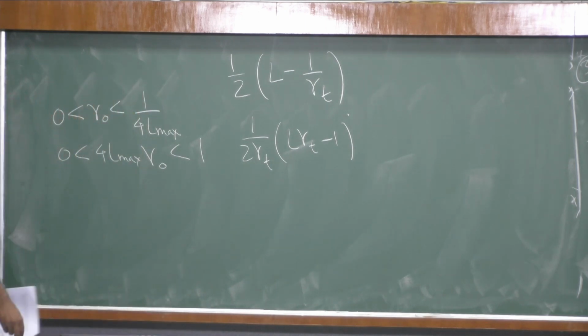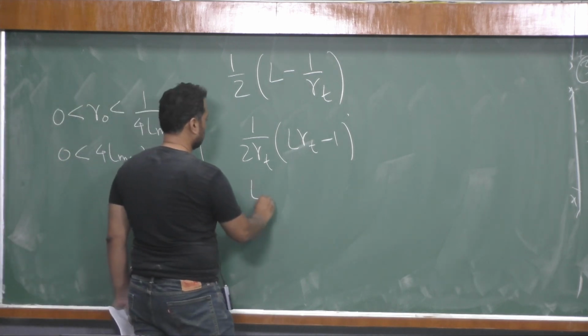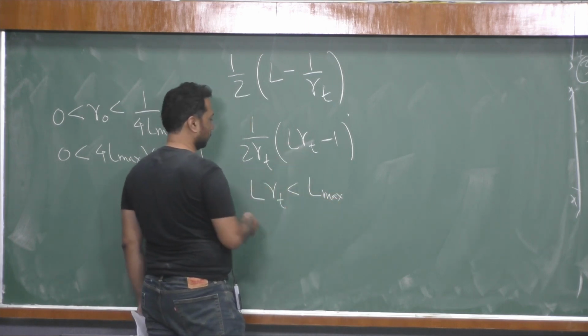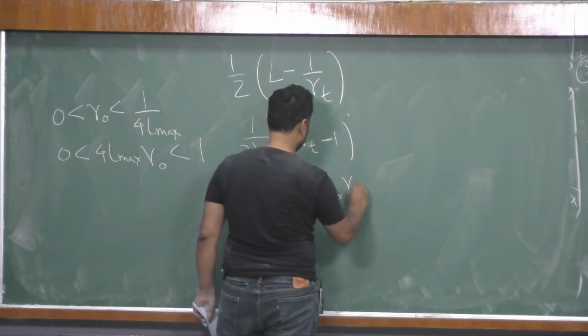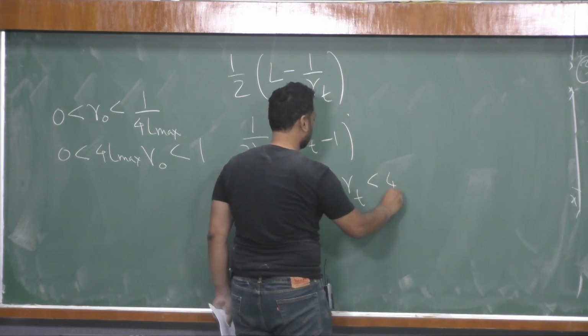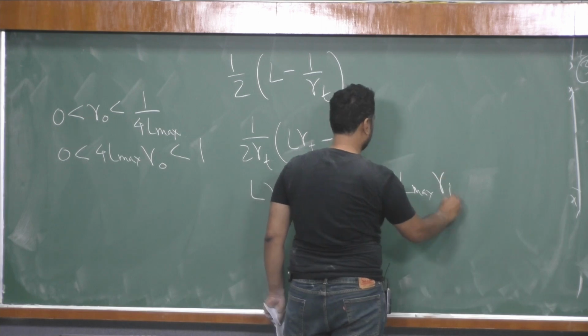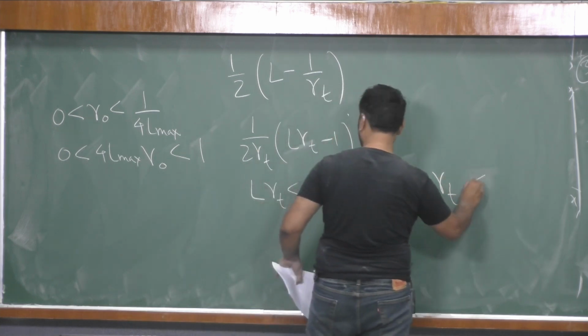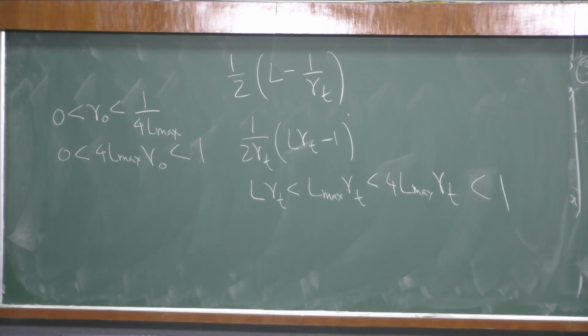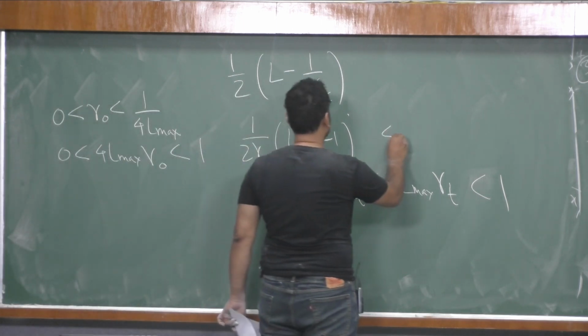Now L is less than L max, so L gamma t is less than L max gamma t, because L max was the max. So this is still less than 4 L max gamma t, and this is less than 1. So eventually this is less than 1, and hence it's negative. I hope I have not made a mistake. You can verify this again as an exercise.